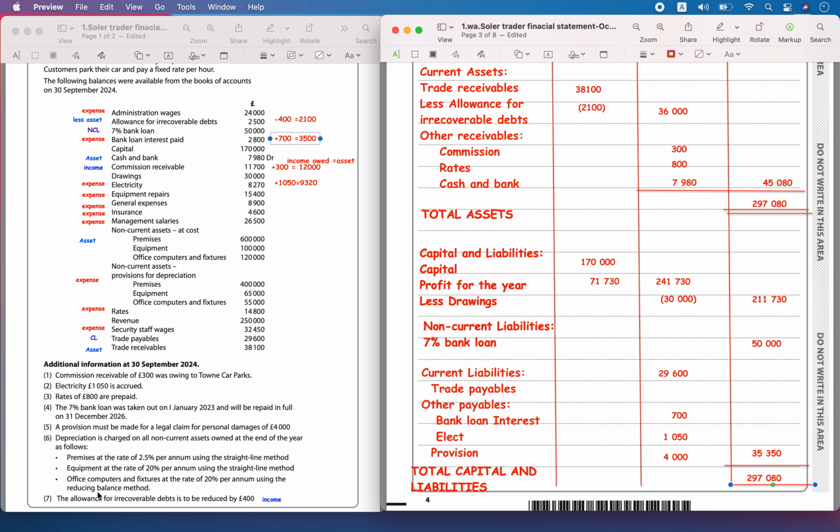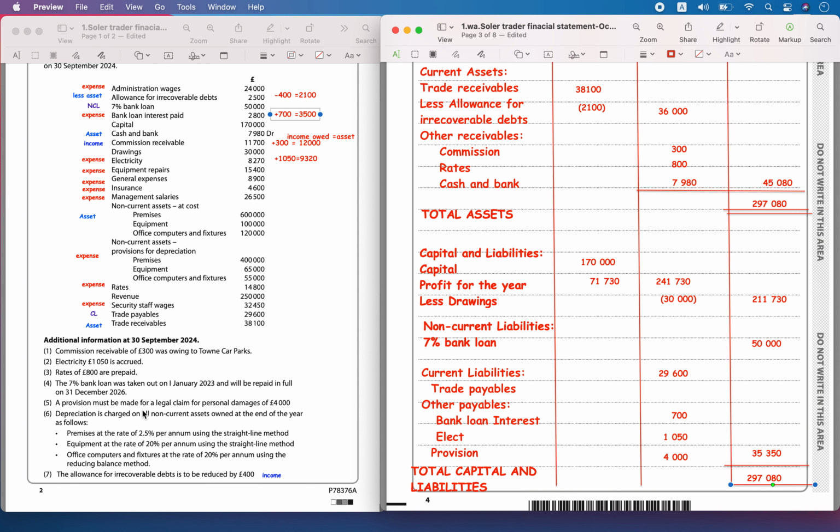But this provision you are going to make for the legal claim for personal damages is going to be a current liability which needs to be paid immediately. So this also becomes a current liability and we have to represent it here as a liability. And finally we can see that the total assets becomes equal to total liabilities.